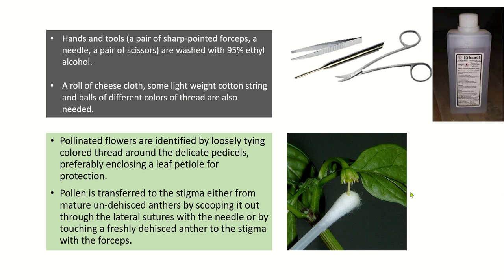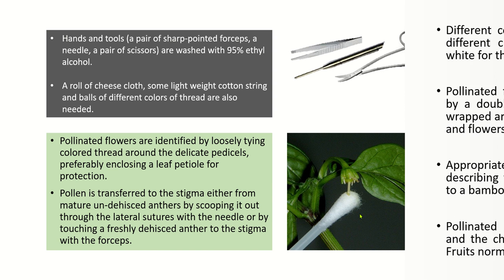First, I have indicated here with the help of a cotton swab, or you can also use a painting brush, or you can use forceps, or you can collect it in a petri plate, and then finally smear it onto the stigmatic surface. Or what you can do is collect the male flower and directly smear it.